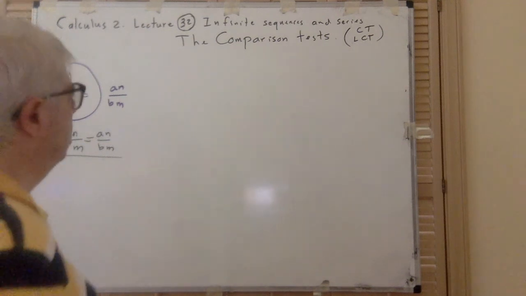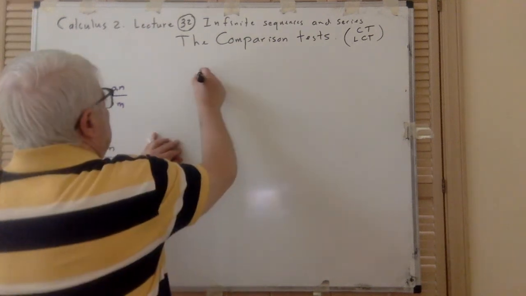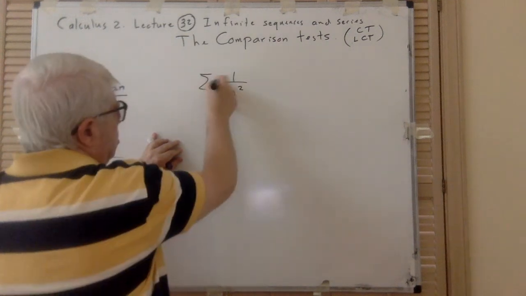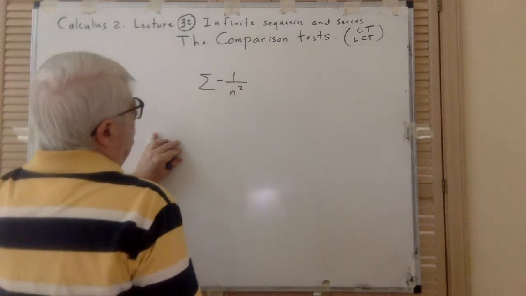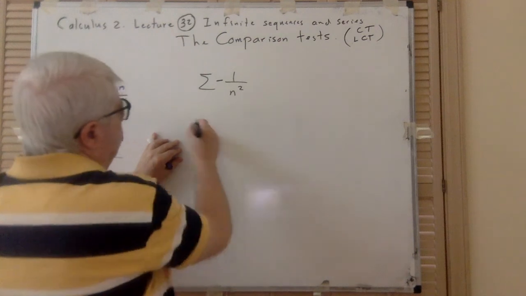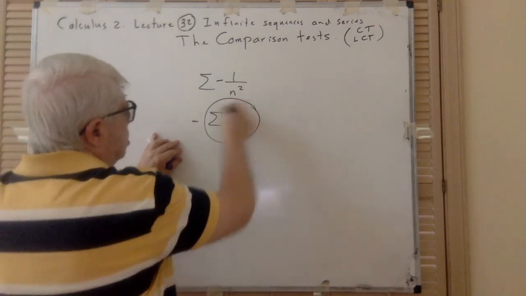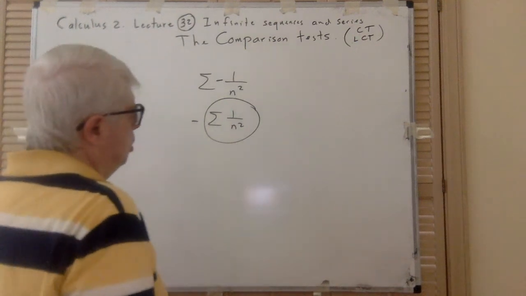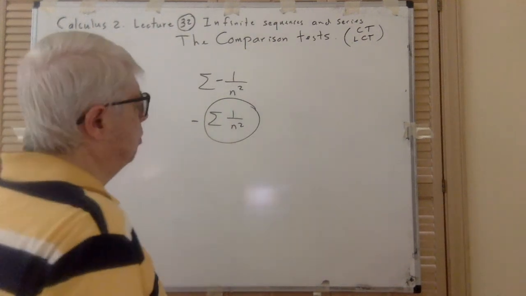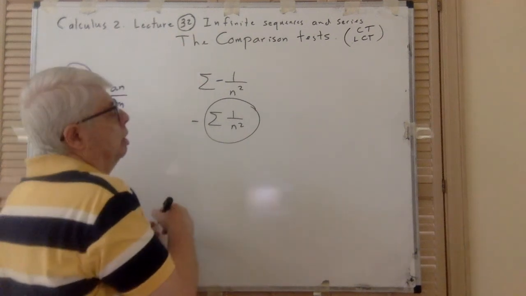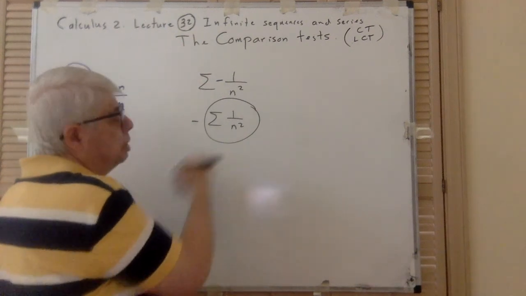Now, I was saying that if I have something like this, sigma 1/n squared minus, then you would say, but if I put the minus outside and look at this, if this is finite, which means if it has a limit, which we know it does, then minus this is also finite.